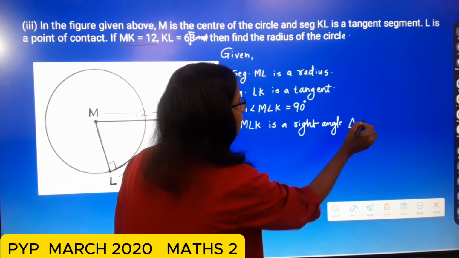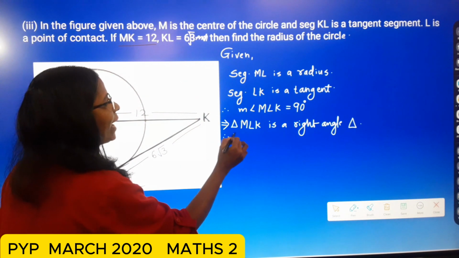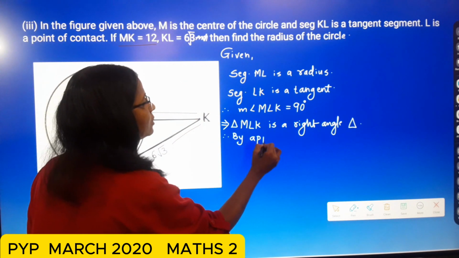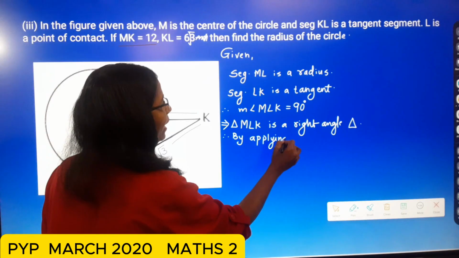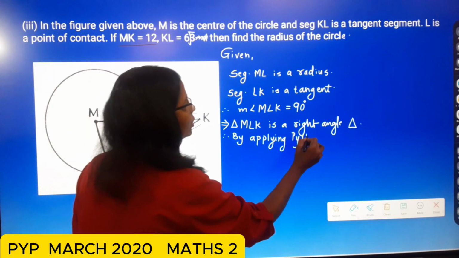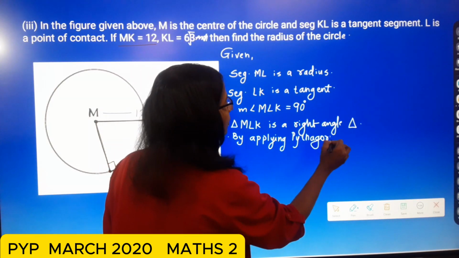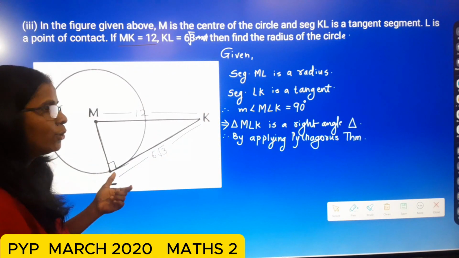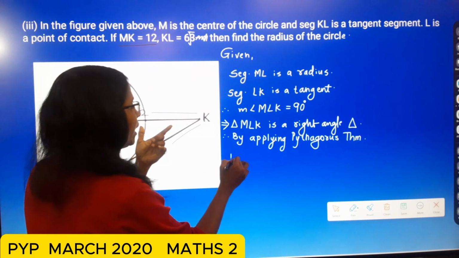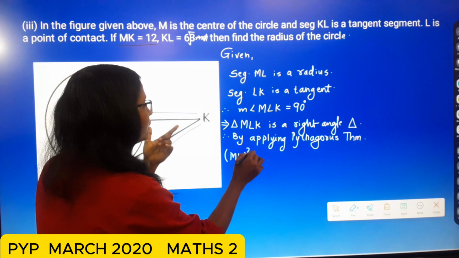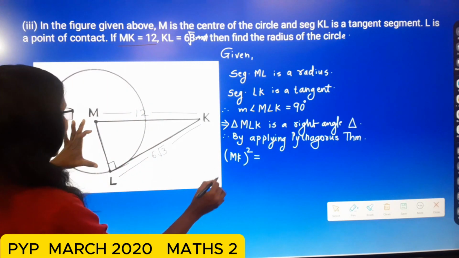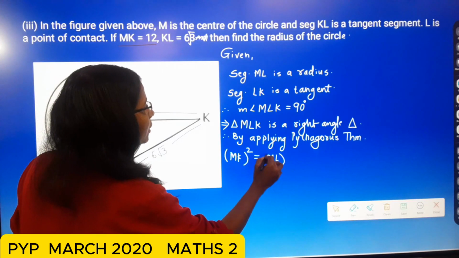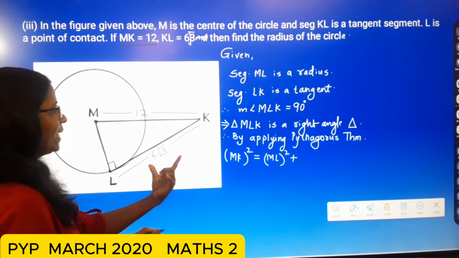And therefore, by applying Pythagoras theorem, MK is the hypotenuse. So MK square is equal to ML square plus LK square.